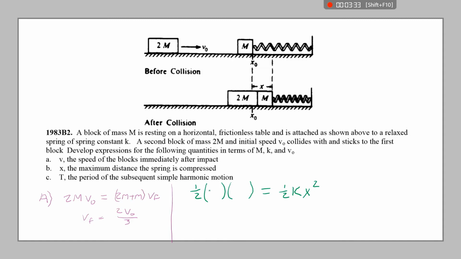It's 3m, because this is the kinetic energy for the entire 3m that touched the spring, and the speed is 2 v initial over 3.